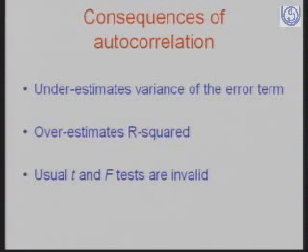When you have a lower value of sigma epsilon square, the variance of the error term, and a higher value of R square, what could be the possibilities? That R square is used to test the overall model. By using the F test, you can find out the significance of all the parameters in the equation. So both alpha and beta can be estimated.